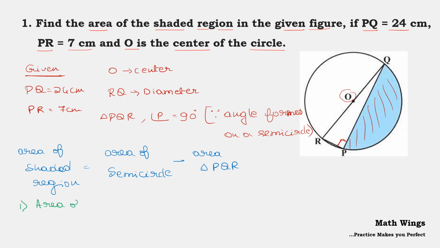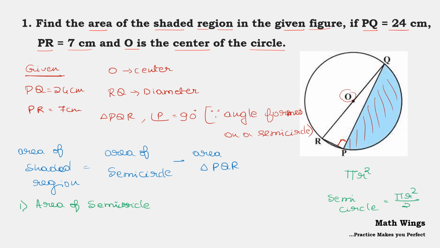So already you know that the area of a circle is pi r square. Therefore, what is the area of a semicircle? The area of a semicircle is given by pi r square divided by 2. Why is it so?